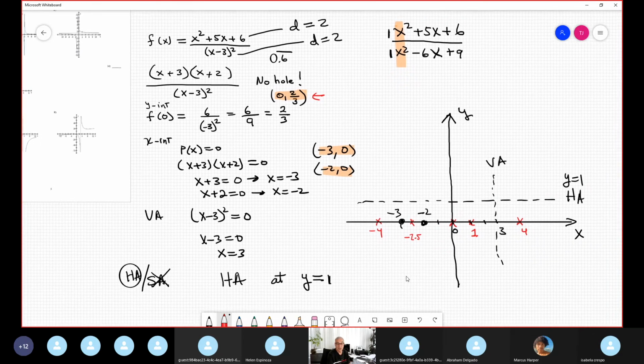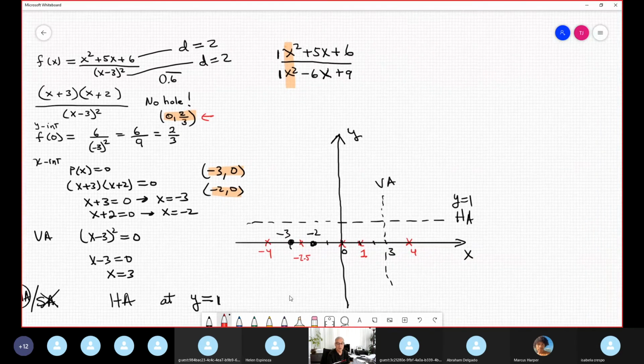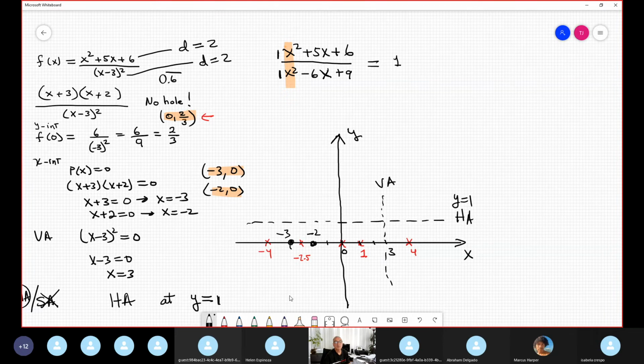So to investigate that, you take this original function and you force it to be equal to 1. Cross multiplying is equivalent to saying x squared plus 5x plus 6 equals x squared minus 6x plus 9.